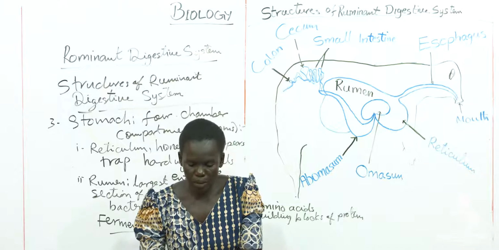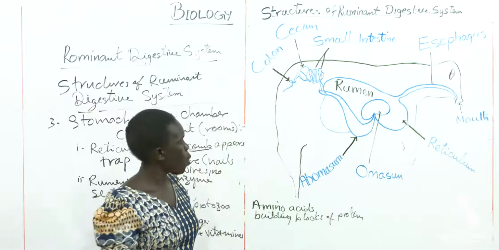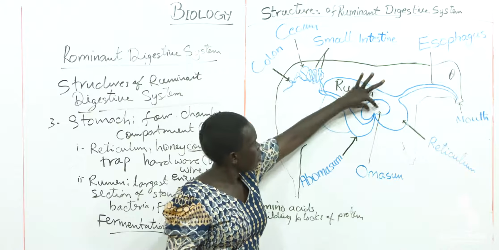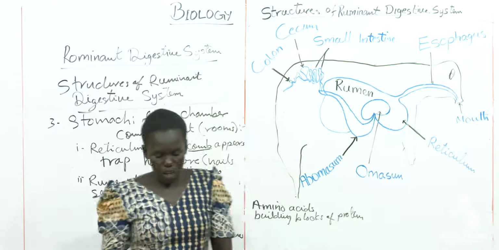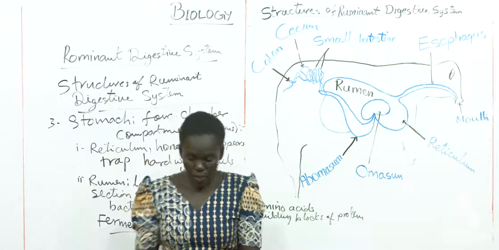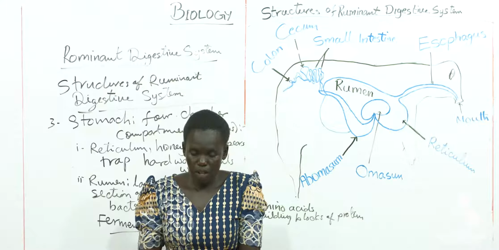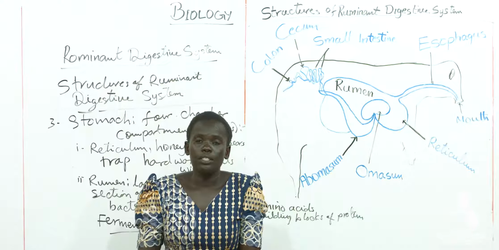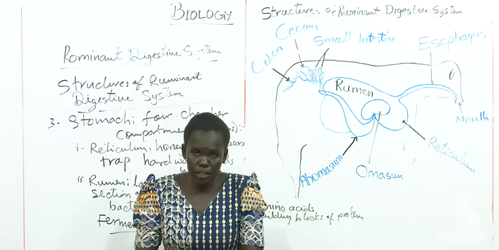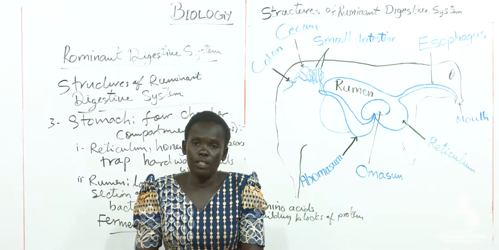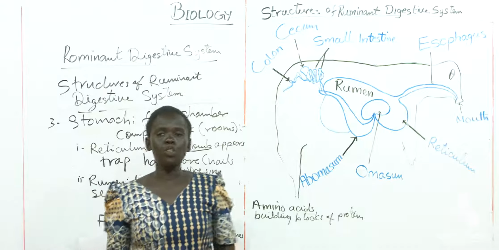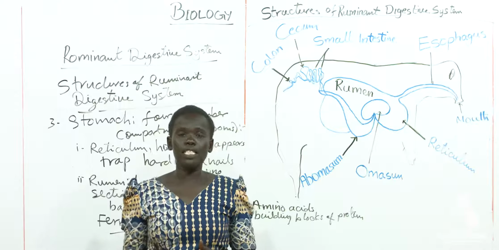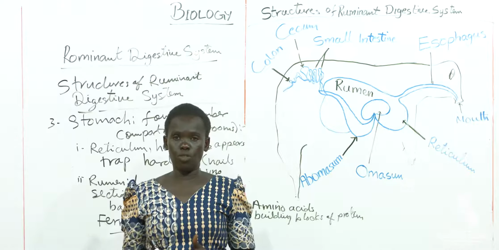The third one is the omasum. This one here. At this part of the stomach, this is where the grinding takes place, so that the size of the particles is reduced for enzymatic action.